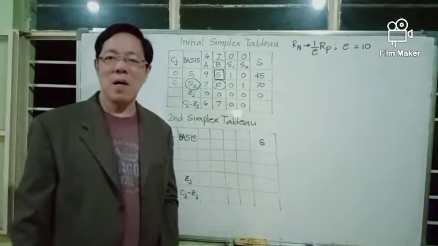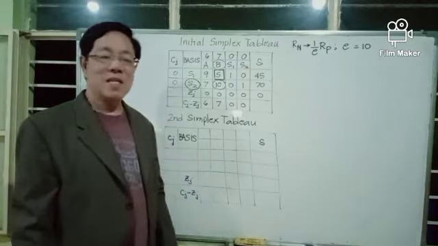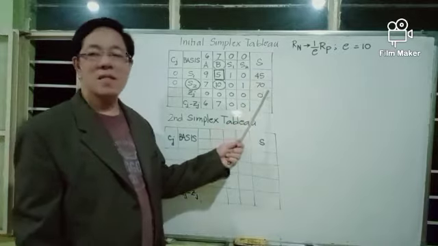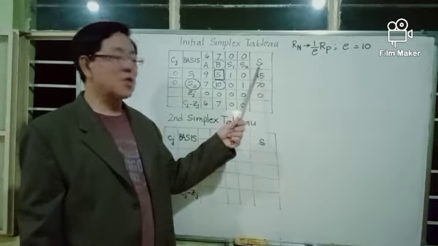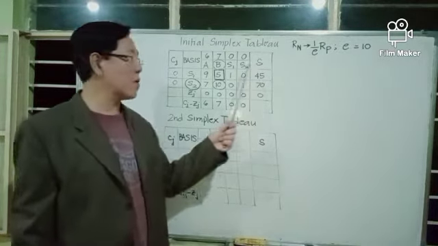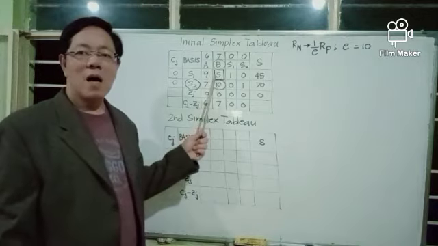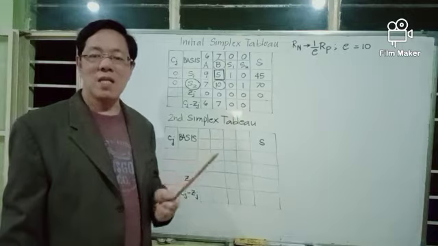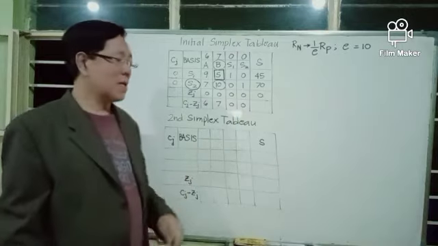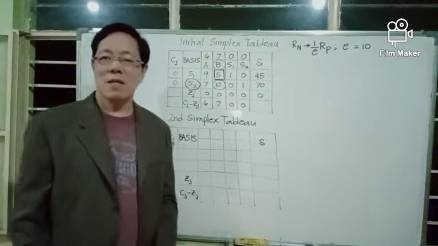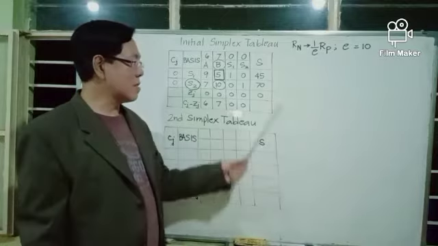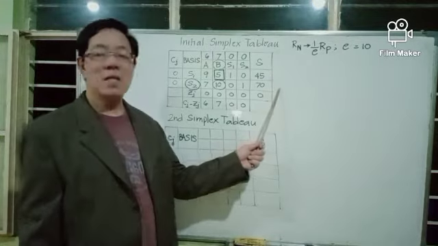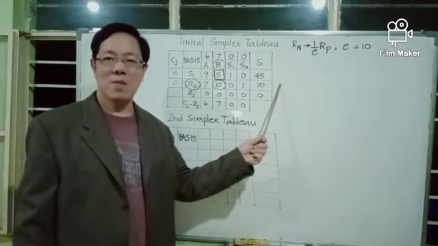We have also identified the outgoing variable by dividing the entries of the last column, the solution column or S column, by the corresponding entries of the column containing the entering variable. And we said that the outgoing variable is the variable with the smallest positive quotient.